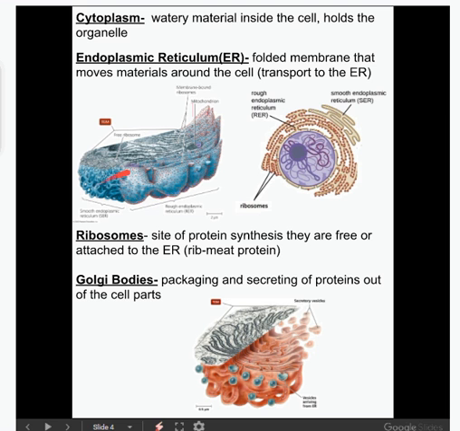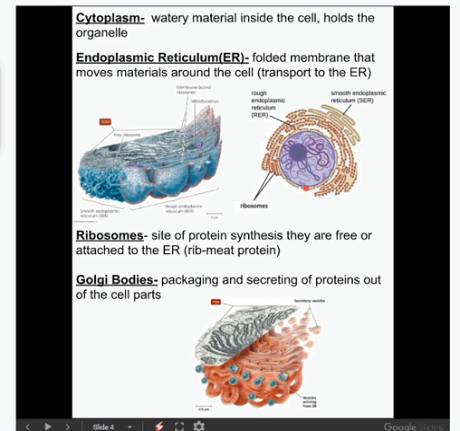So this is a series of folded membranes and channels, kind of behaving, I would say, like a subway system or a transit system to move materials around the cell. So this is what it looks like in real life using an electron microscope. This is what you'll see in the cartoon type diagrams.